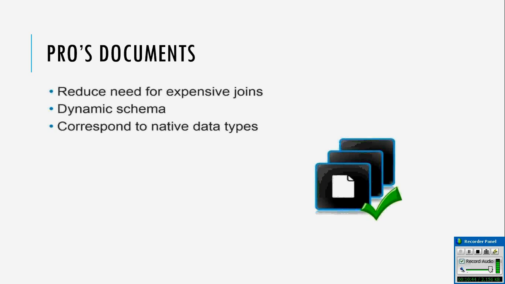The next part over here is that it corresponds to a native data type. It means that SQL and relational database management systems have a tendency to have rather artificial-looking data. What I mean is that it might not really match the data you would be using in the real world.